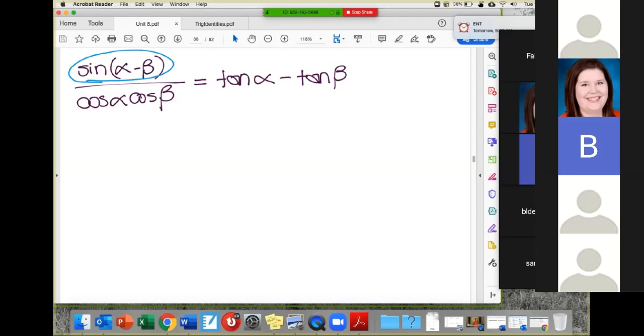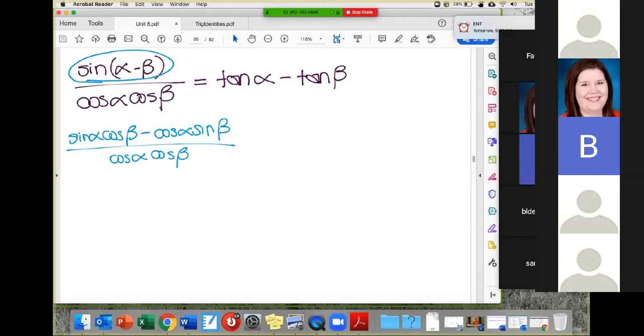So what would be the expansion of sine alpha minus beta? Sine alpha cosine beta minus cosine alpha sine beta. Okay. And the bottom is not one of those things right now because there's no plus sign. It's just cosine alpha, cosine beta multiplied together.